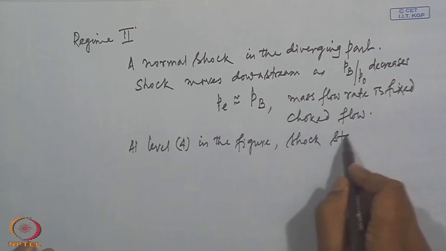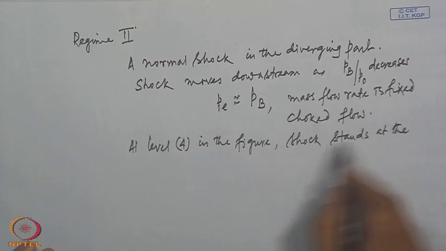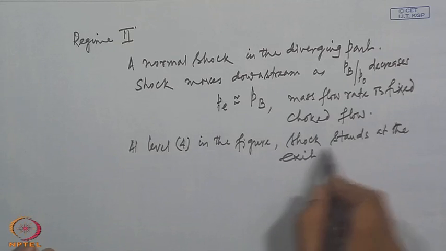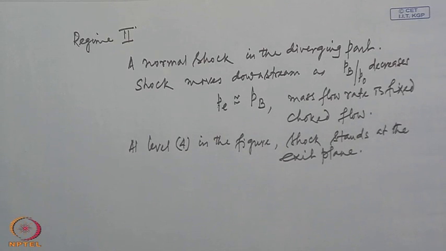shock stands at the exit plane, and at any pressure below that of level 4, there will be no more normal shock anywhere in the nozzle.